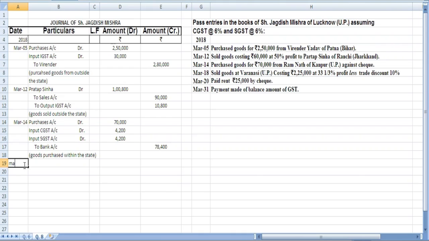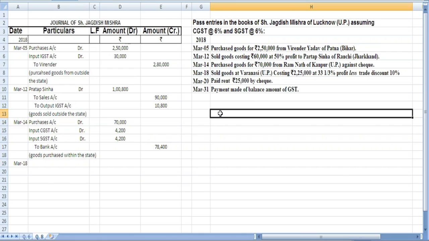Next we have here is March 18. March 18, sold goods at Varanasi, UP, costing 2,25,000 at 33 and 1/3% profit less trade discount 10%.